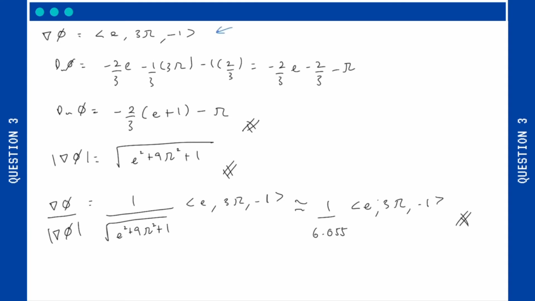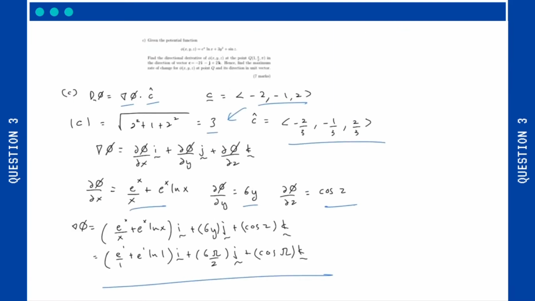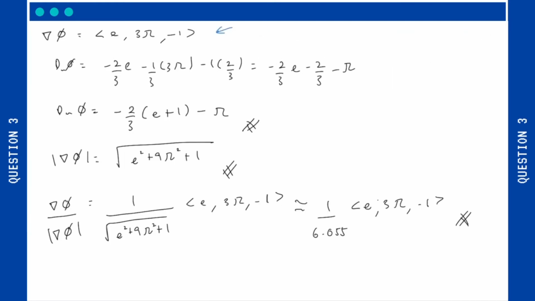To find the directional derivative, we use the dot product. So dot product del phi with c, which is this one. So negative 2 over 3 multiplied by e exponent minus 1 over 3 multiplied by 3 pi minus 1 multiplied by 2 over 3. So we will get this as the final answer.